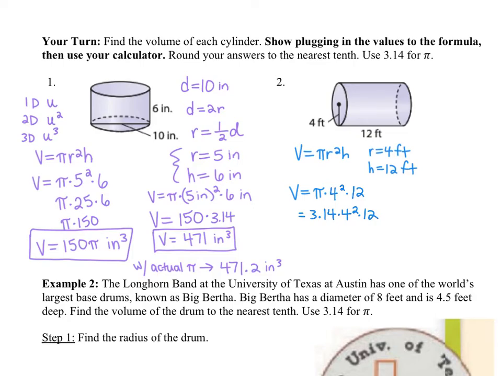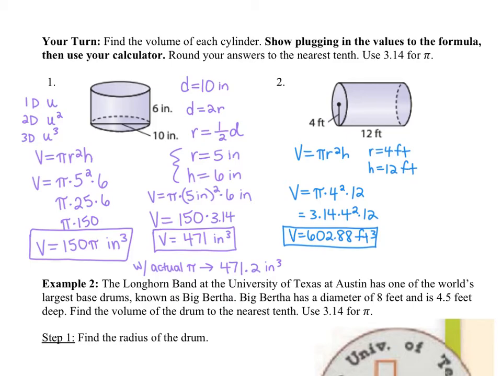And you need to be careful if you're doing it on the computer to make sure order of operations is being followed. So you will get V is equal to 602.88. And just remember that the label is cubed, so it's feet this time, not inches. So it's feet cubed.